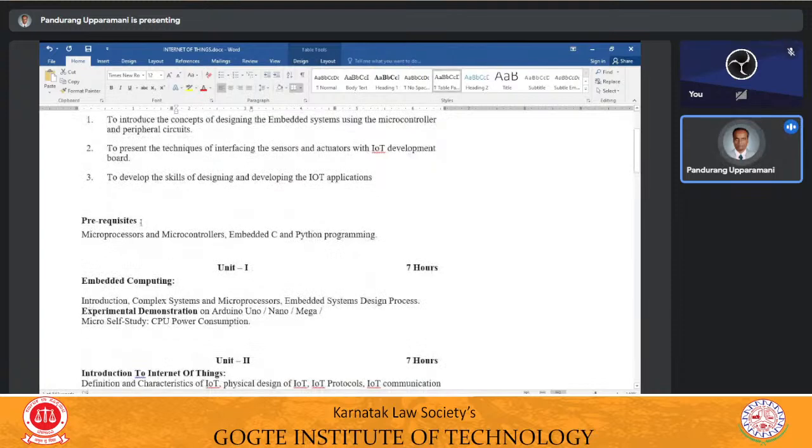The prerequisite is you should know a little bit about the microprocessor and microcontroller, along with a little bit of programming language like C or C++ or embedded C. Python, if you know, is very good for the Raspberry Pi, which is not a mandatory one.